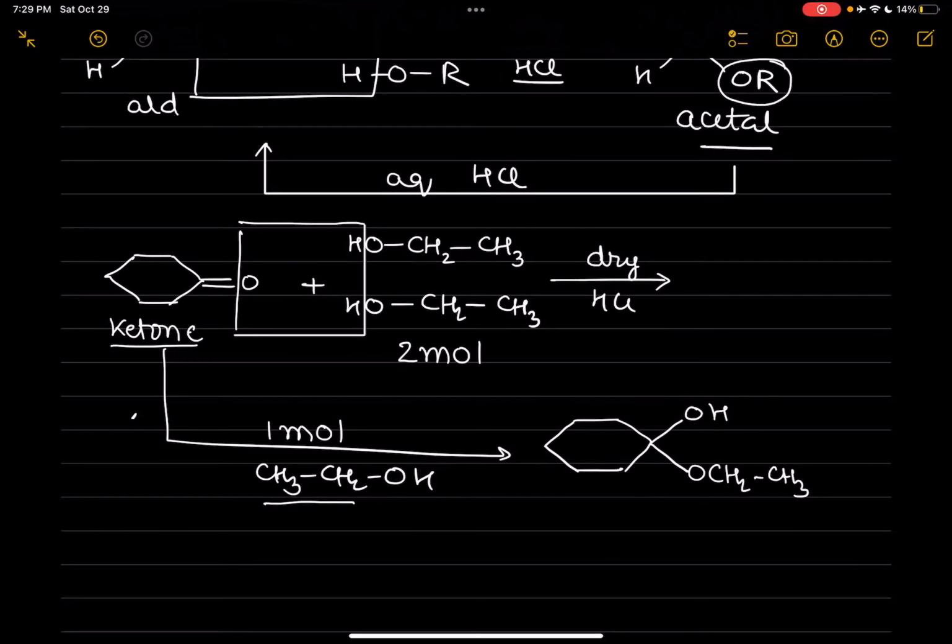So tell me, which one is going to be ketal? This is hemiketal, right? And what about the upper one? Ketal. Yeah, this is ketal. So I'm not going to put OH, I'm going to put OCH2CH3.